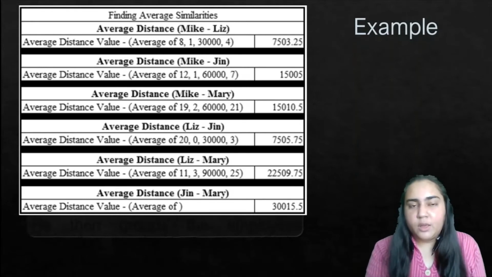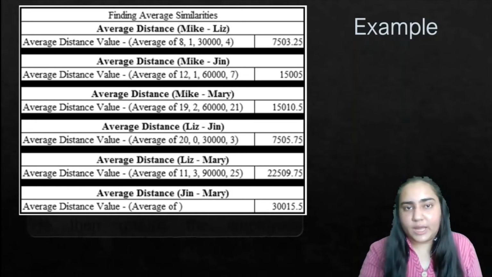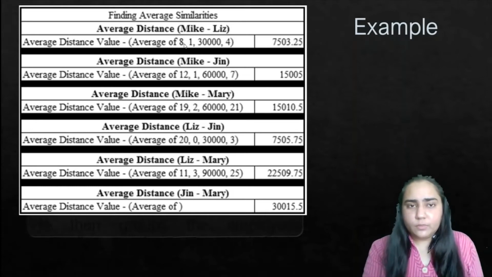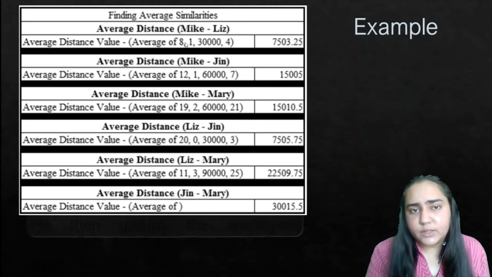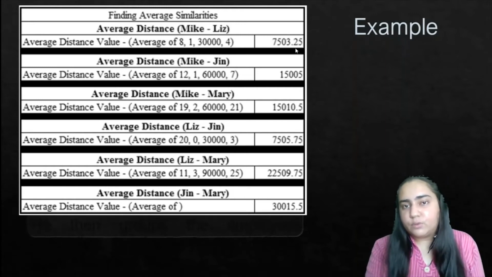For example, we said that between Mike and Liz, there was this tuple 8, 1, 30,004, which was the difference. Now we'll take an average of that, which means you add 8 plus 1 plus 30,000 plus 4, and divide that by 4, because there are 4 values, and that would get you 7,503.25.